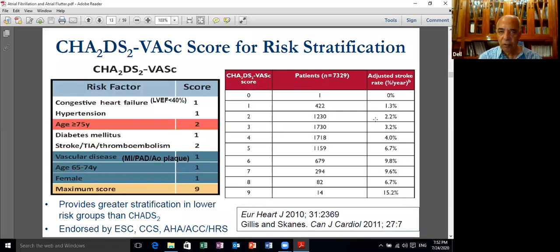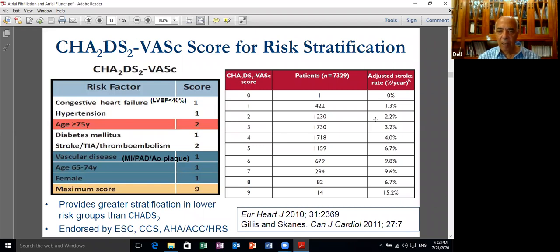And that's the reason why in males, 2 or more, and in females, 3 or more is an indication for anticoagulation. A score of 0 is not an indication, and 1 is anticoagulation or nothing.